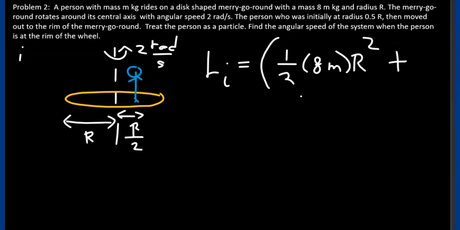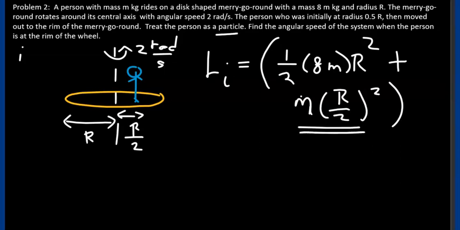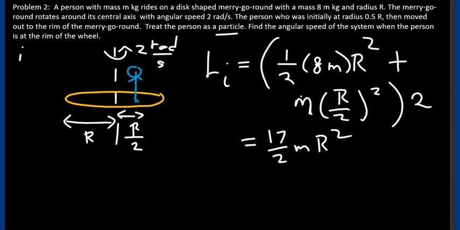The mass of the person is m, and the position of the person is r over 2, squared. Because we are treating the person as a particle, this is an expression for the moment of inertia of a particle. Multiplying by the initial angular speed of 2 gives us 17 over 2 m r squared.